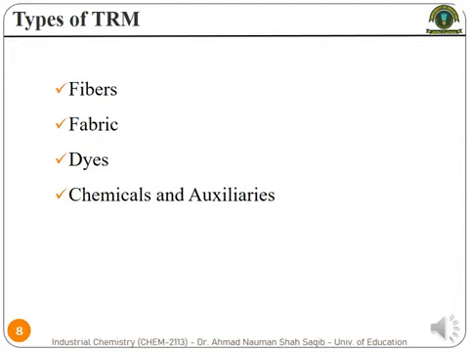So these are the 4 main categories which we study under the types of textile raw materials. Next we will discuss in detail and with examples all of these 4 categories.